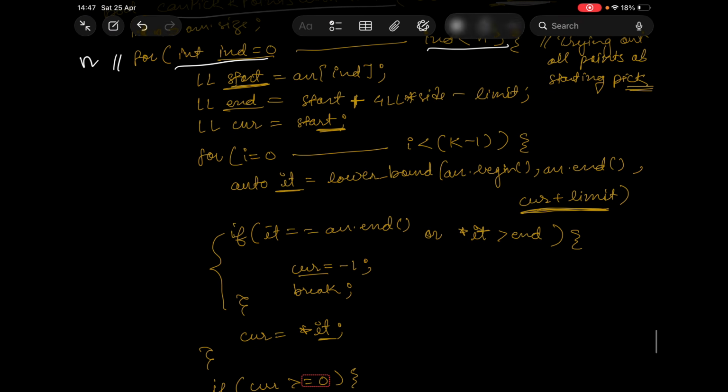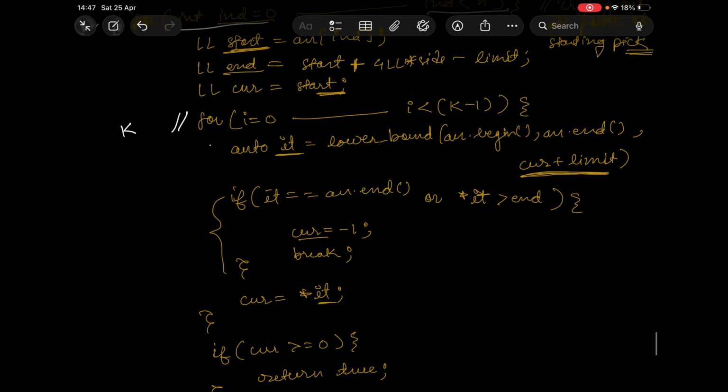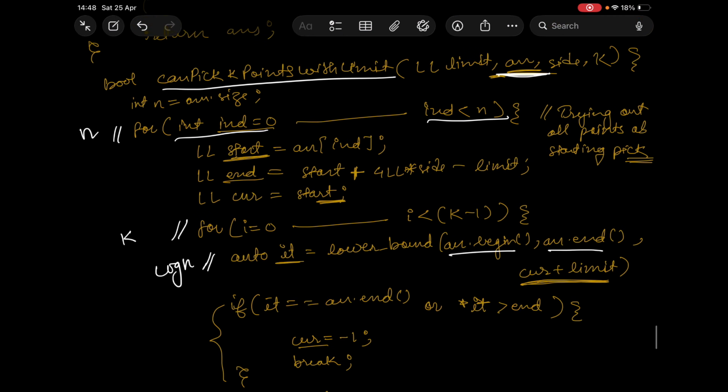Then for those n times, we have this loop running k times for finding the points inside this array, which is log n. So individually, this method altogether would take n into k into log n.